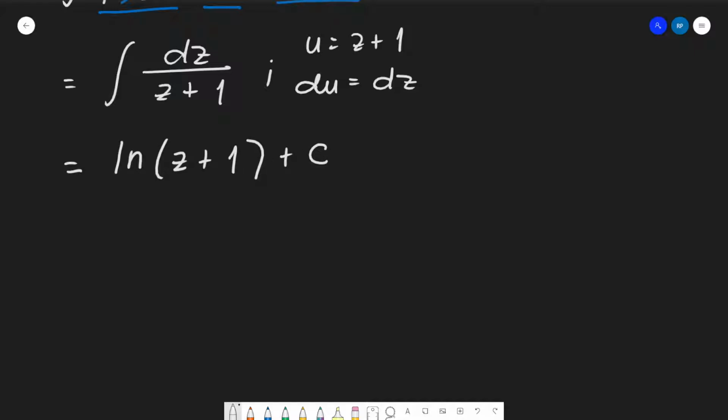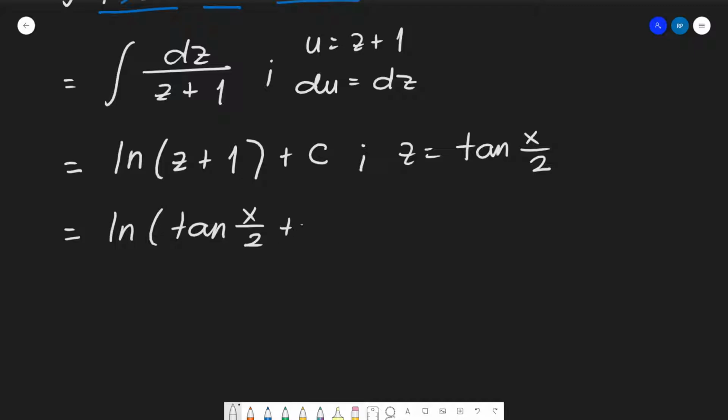However, with our Weierstrass substitution, z is equal to tangent x over 2. So we have our final answer: the natural logarithm of tangent x over 2 plus 1, plus c. This is our final answer.